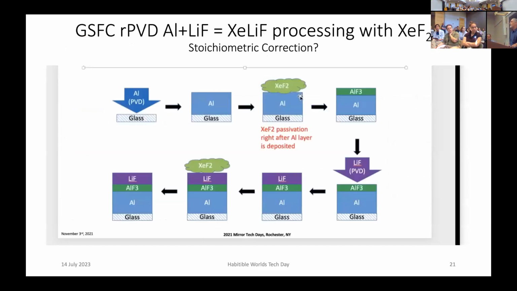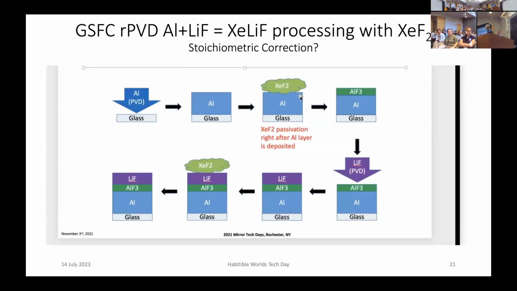There's this process, the xenon fluoride process. It's sort of interesting: you deposit your aluminum on glass, you then expose it to xenon fluoride. That grows an aluminum fluoride coating, a very thin coating right on top of that. And aluminum, of course, will oxidize if you look at it cross-eyed. But then you can go ahead and do a LiF deposition on top of that.